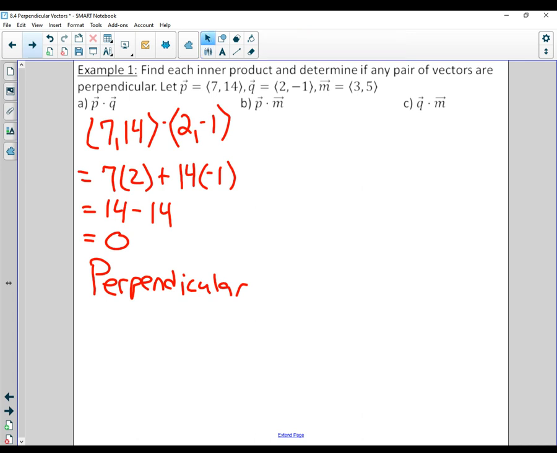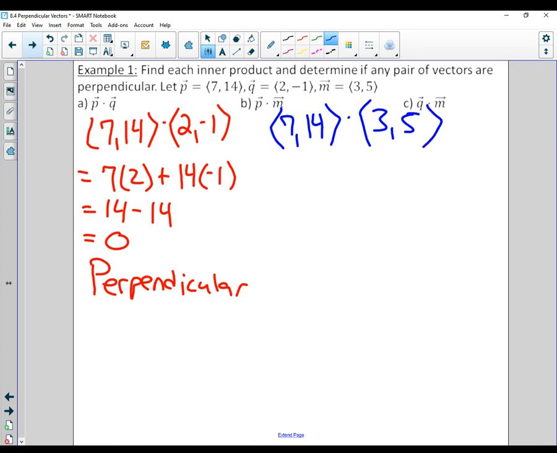Okay. Hopefully I don't run out of room. P times M. P is 7, 14 again. Times M is 3, 5. We might have to do the other one. Yeah, we'll move this one down here. 7 times 3, 21, plus 14 times 5, 70, is 91.